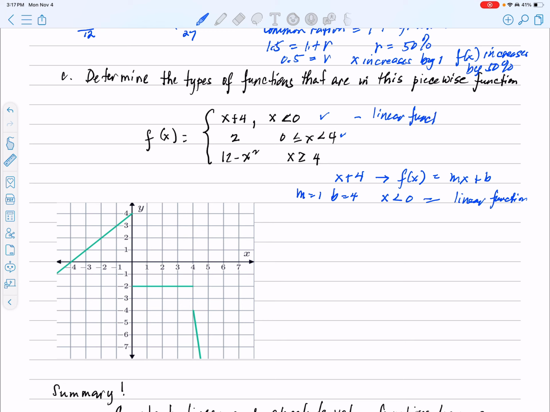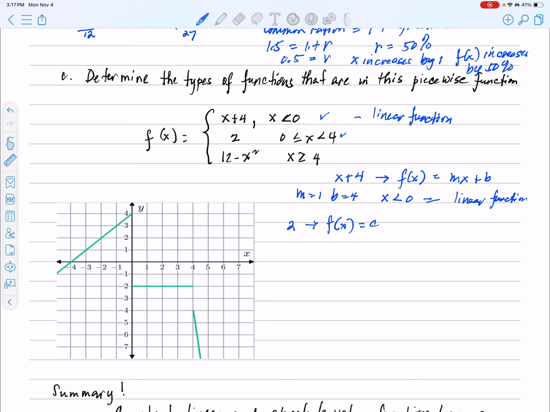How about the second one? You have 2, and then x is greater than or equal to 0 and less than 4. So 2 is coming from the form f of x equals c, where c is the constant.